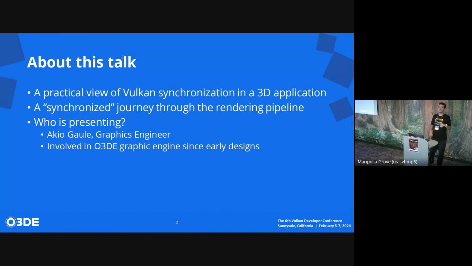And sometimes we need a more practical view on how those concepts translate from the theory into a real world application. So in this talk, I'm going to go through O3DE's approach on resource synchronization and how the data collected from the users go through O3DE's rendering pipeline into the GPU in order to produce the expected result.